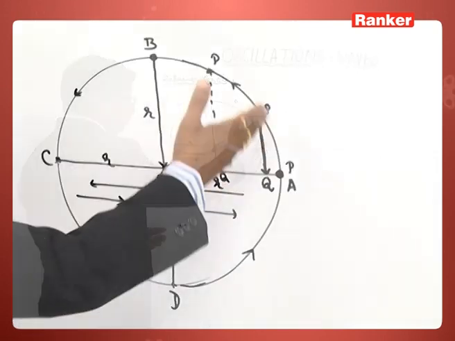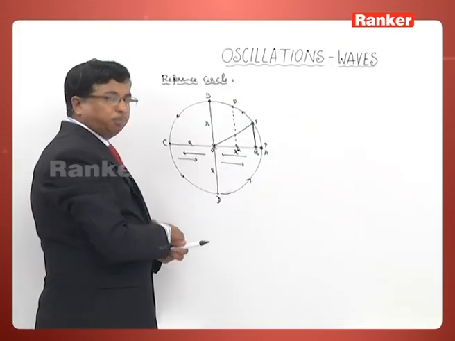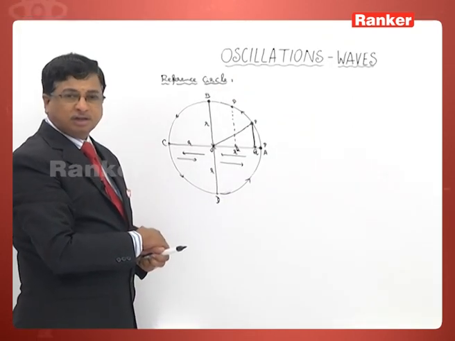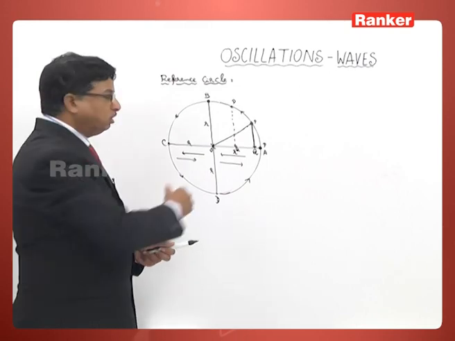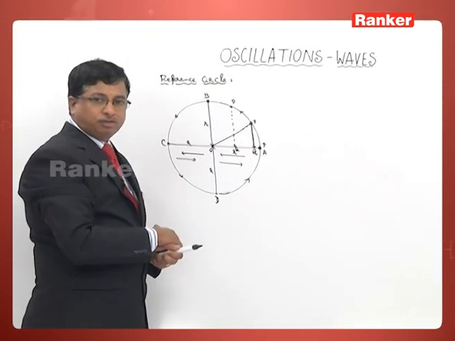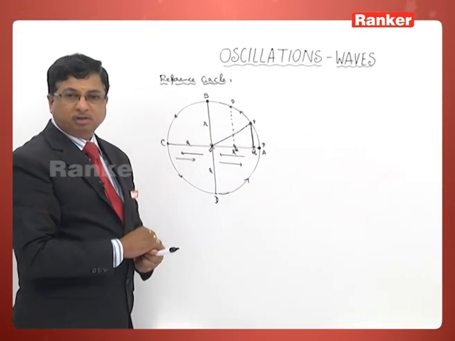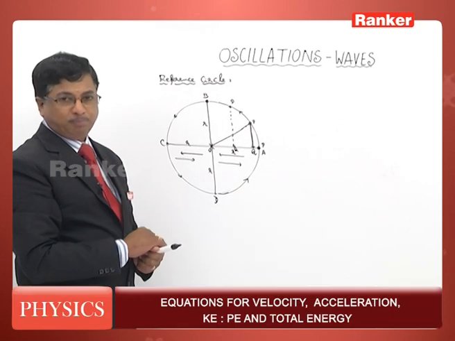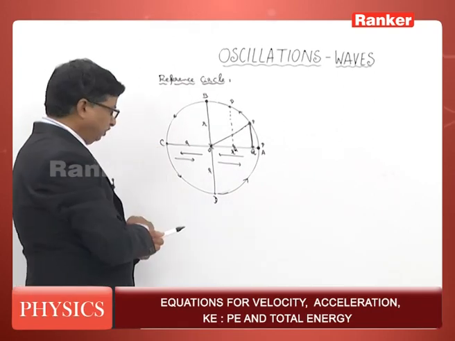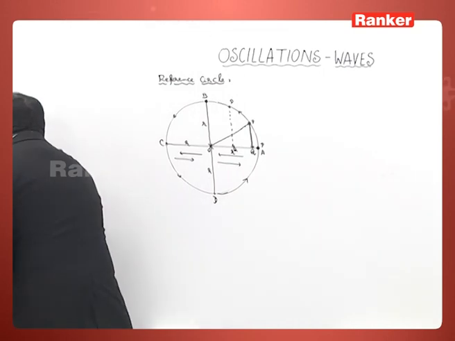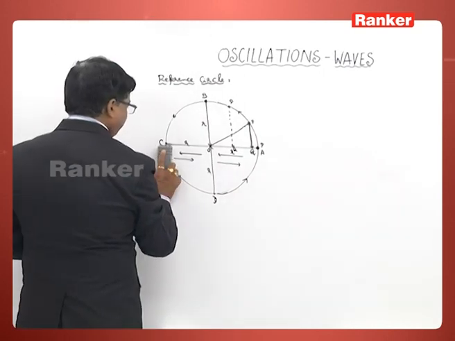Like that, the number of rotations made by the particle P on the circumference of the circle is equivalent to the number of completed oscillations by the foot of the perpendicular, which is taken as Q here. Let me just explain by considering a general case here.